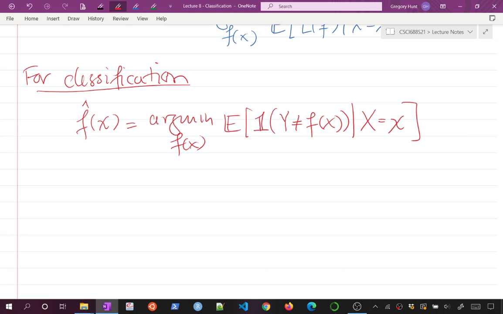Now, this notation of f of x here is a little bit weird. In classification, y is in our set of potential classes. It's random, you could think of it that way, but it comes from class 1 or class 2 or class 3 or class 4, etc. And f of x, which is predicting y, is also just one of my classes.